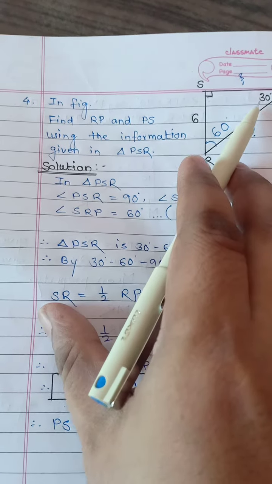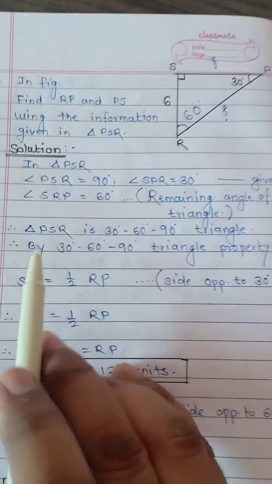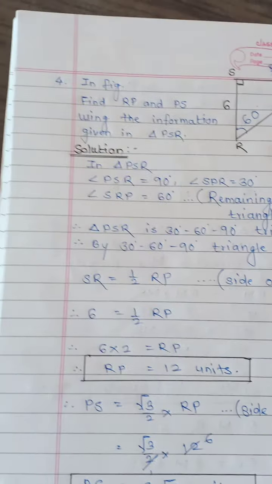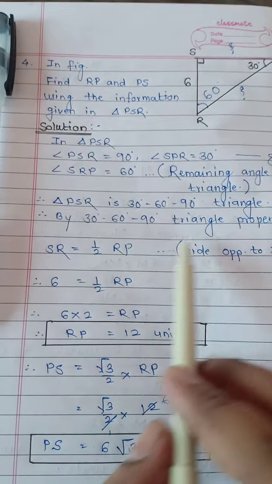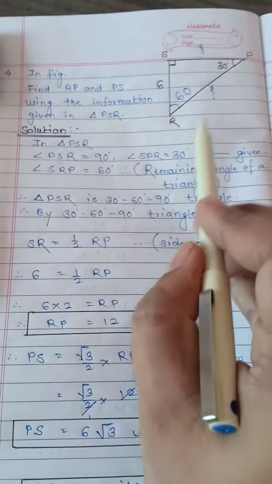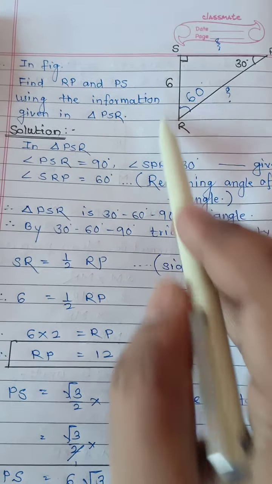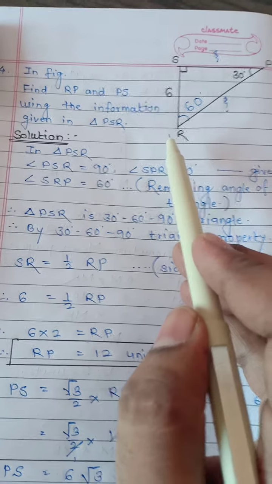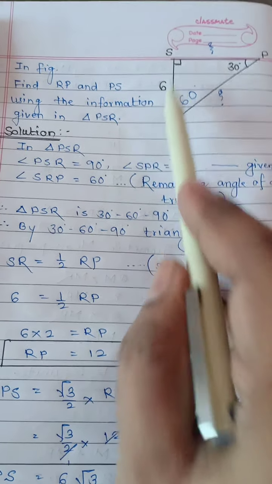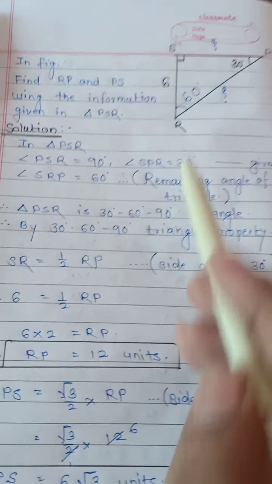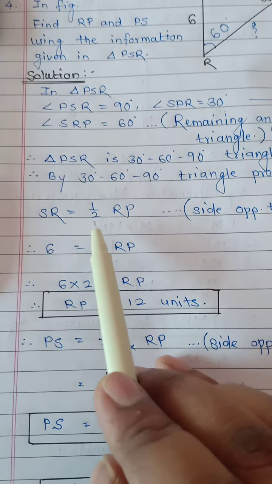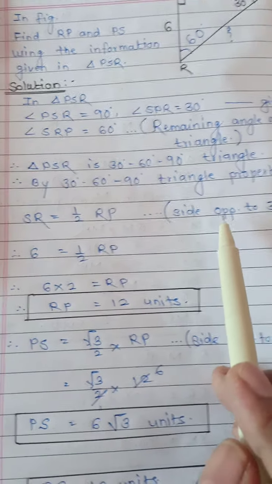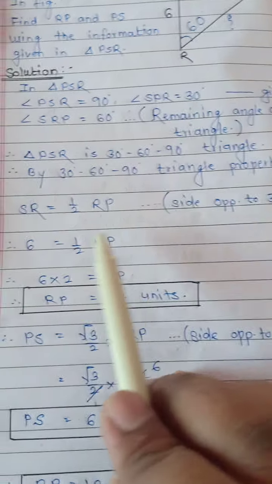So this triangle becomes a 30, 60, 90 triangle. So we can apply the property of a 30, 60, 90 triangle. Now the side opposite to 30 is SR, and we know the property that the side opposite to 30 degrees is half of the hypotenuse. So SR is half of RP.